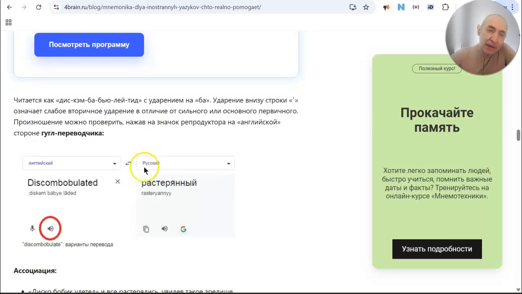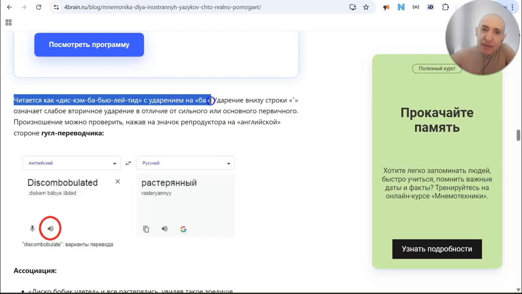We will skip it. We are getting up to here. Читается как discombobulated с ударением на ба. So it just repeats itself. It is read as discombobulated с ударением, with the emphasis, с ударением на, with the emphasis on ба.